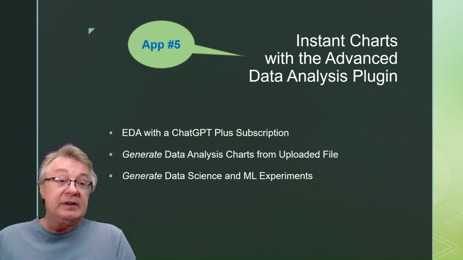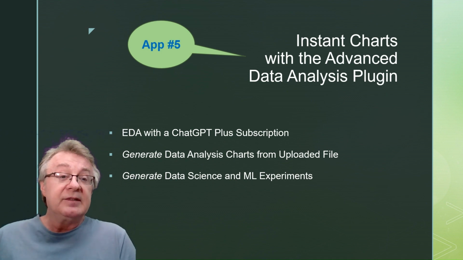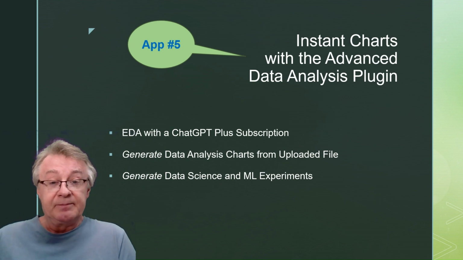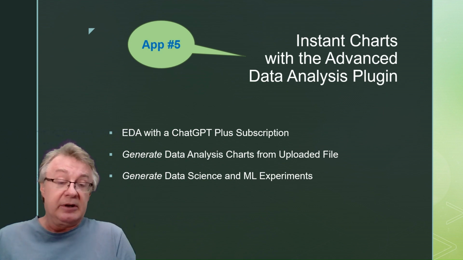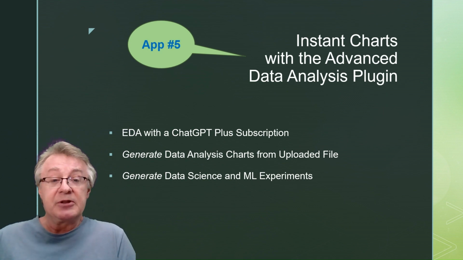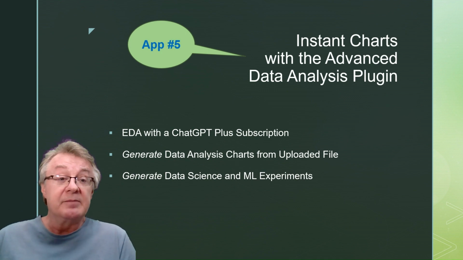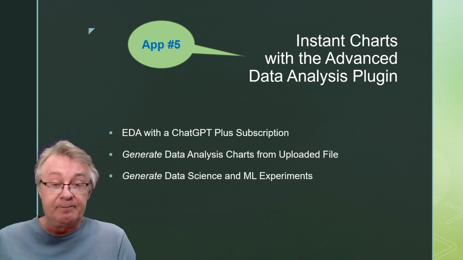We'll continue with instant charts with the advanced data analysis plugin. Well, I paid up on purpose for 1 month for a ChatGPT Plus subscription, because only here at this moment you can find this amazing plugin that I would like so much to demo to you.